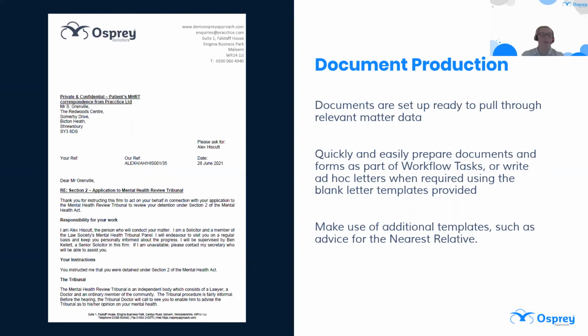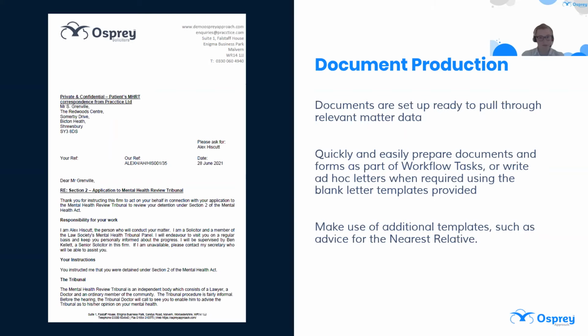What will pull through into the client care letter is determined using criteria. So in the first set of custom questionnaires, you'll be asked what type of matter it is. You'll select, say, Section 2, as we've done here, and that will pull through the relevant information to the client care letter for you. So there shouldn't, in theory, be anything that you need to do other than perhaps add some more instructions that your client has given you.